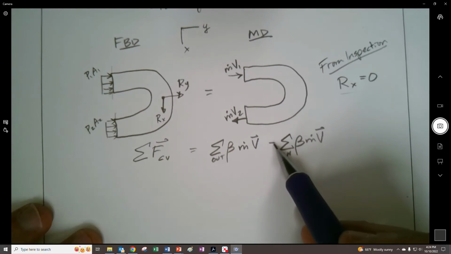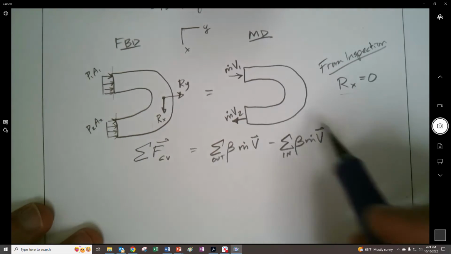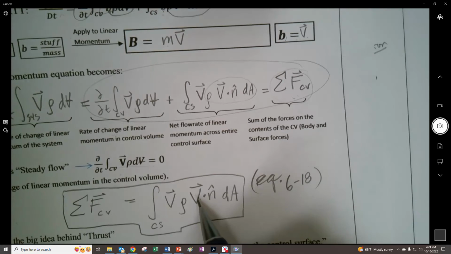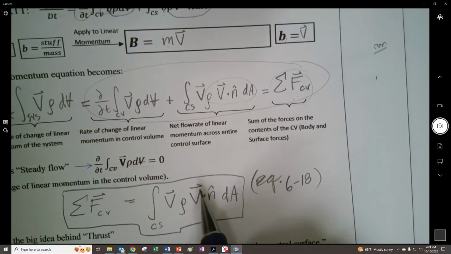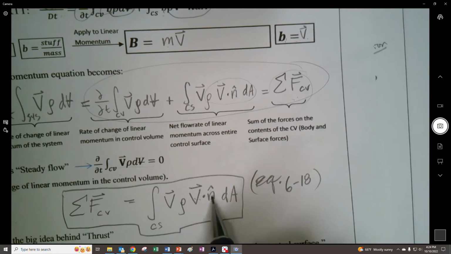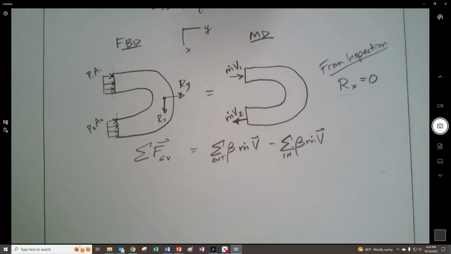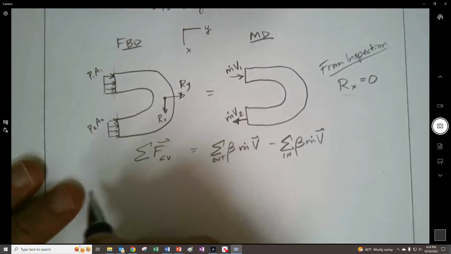That sign is there because the main equation this actually comes from involves a dot product between the velocity and the outward facing normal. So something coming in has the opposite velocity from the direction of that outward normal. Therefore, it makes a negative for the inlet and the outlet. So here are the pressures.